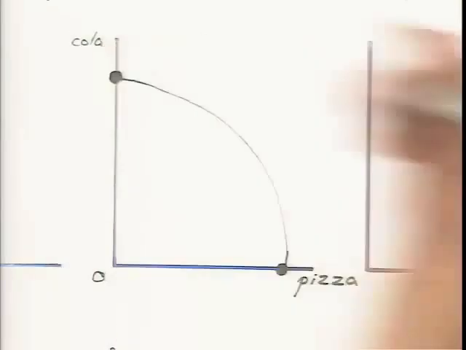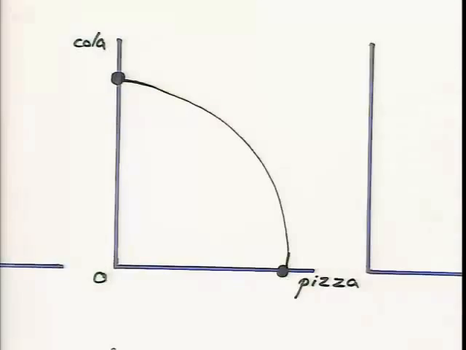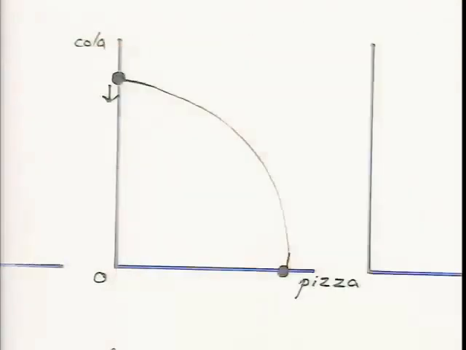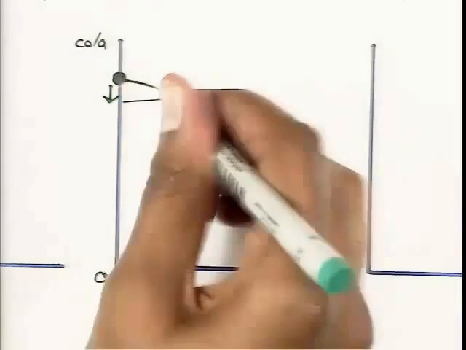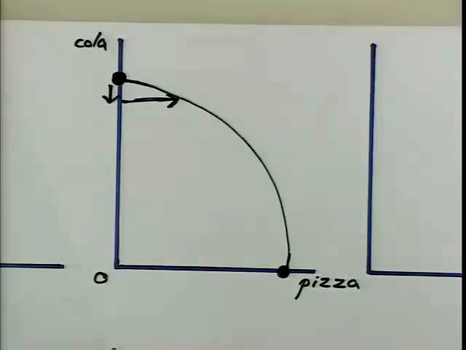If I start off only making cola and I want to start making some pizza, I would take away the resources that are not as productive in making cola, but they're quite productive at making pizza. So the gain in pizza is very large, but the loss in cola is very small.